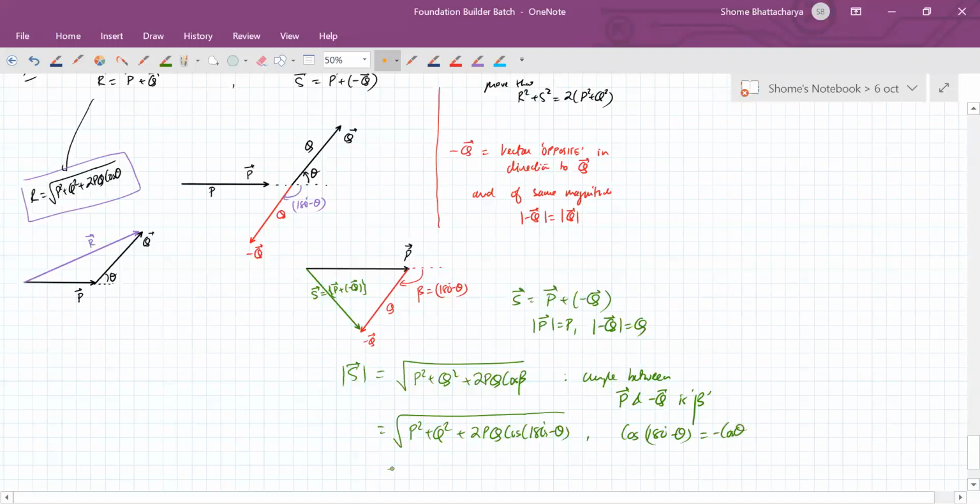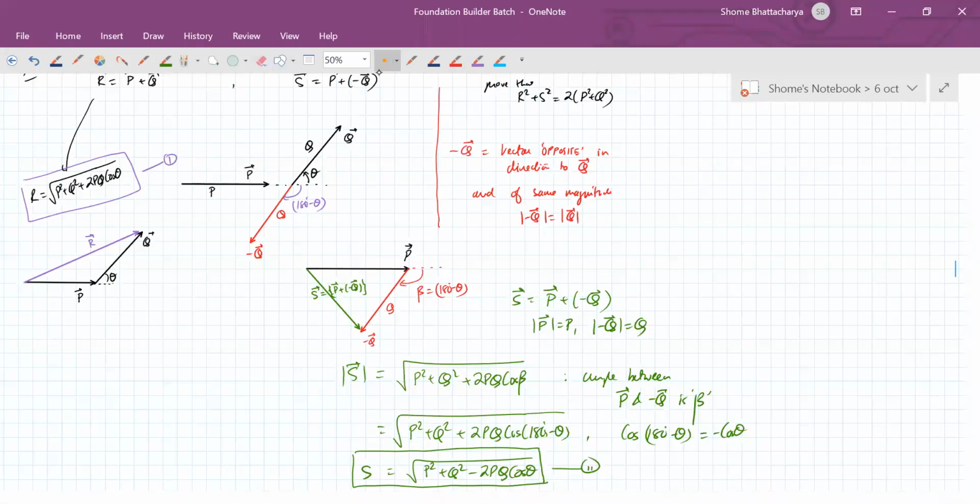Okay, so this becomes root of p square plus q square minus 2pq cos theta. This is S. Okay, so this is our second equation, whereas this one here was our first equation. Now if you just compare these two equations, square and add them, you will understand very easily how to solve this question finally.